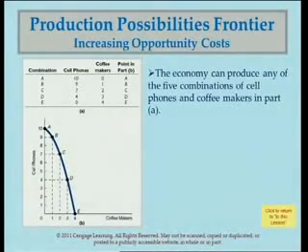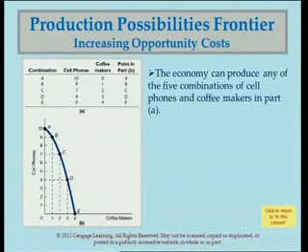Okay, but opportunity costs are not always constant. In reality, opportunity costs are changing, it's increasing. So if you look at opportunity cost that is increasing, we can go to the slide of exhibit 2. And you will see again there are 5 combinations. Cell phones and coffee makers are the 2 products here.